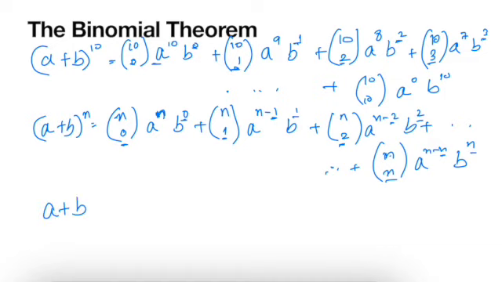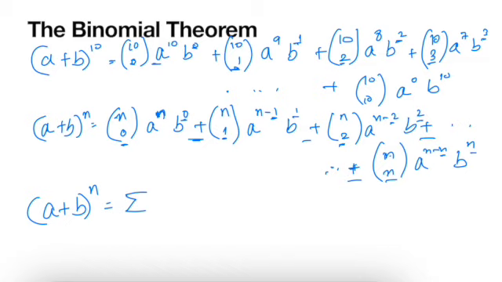So (a + b) to the power n, let's shorten it. You can write this as (a + b) to the power n equal to the summation, you get this by adding all the terms, right?